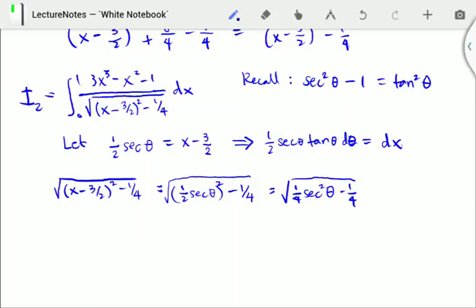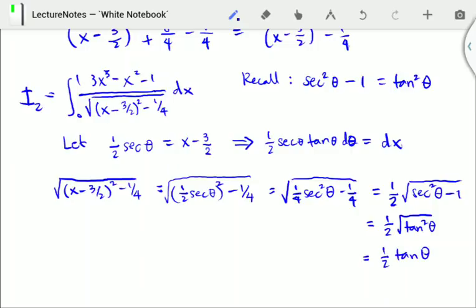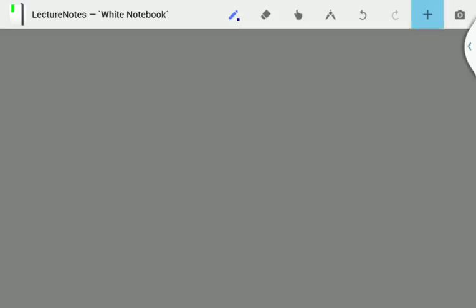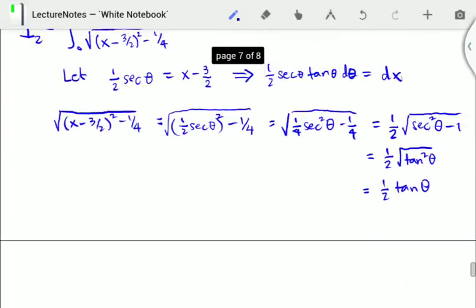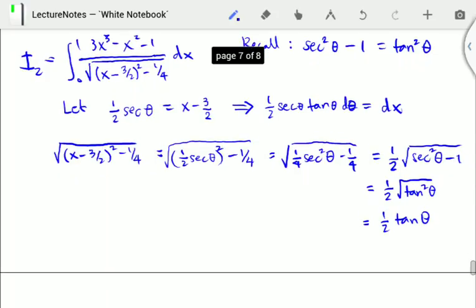And this is what I'm talking about. The 1/4 will come out, the square root of 1/4 will give you a 1/2 here. Okay, so 1/2 square root of sec squared theta minus 1, which of course is 1/2 the square root of tan squared theta, which of course is 1/2 tan theta. Okay, what did we do? We were able to write the denominator as a single term, in this case a tan theta.